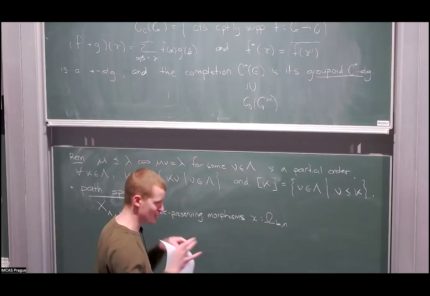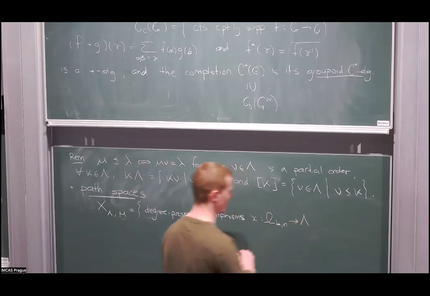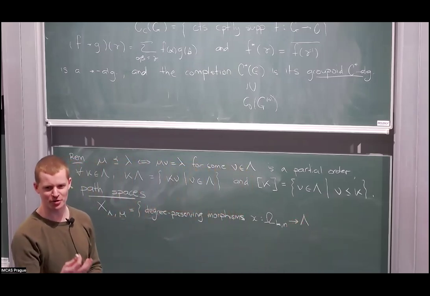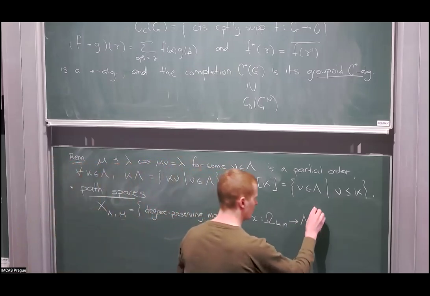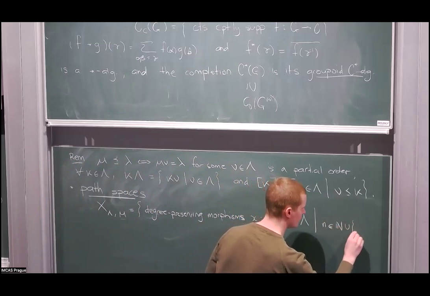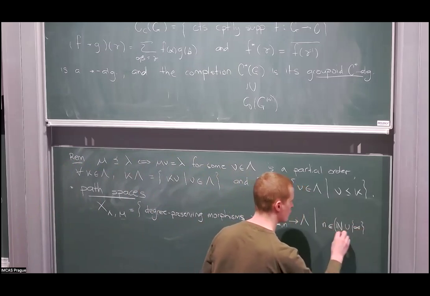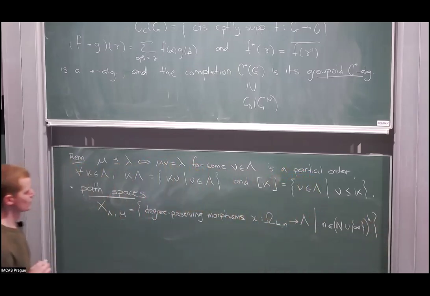We map this template of a path into our lambda in a way that preserves the structure of paths. It has to be a morphism. And we do that for all n, k-tuples of natural numbers or infinity. That's one way of doing it.